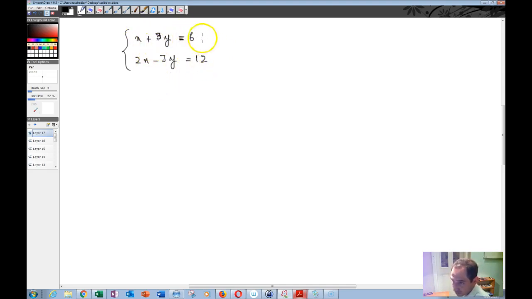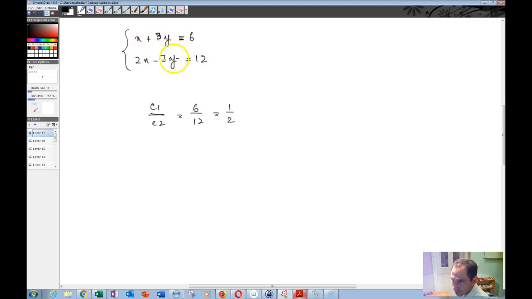That means that the ratio is going to be the same whether they are both on this side of the equation or on the other side. Meaning that right now the ratio of C1 to C2 would be equal to 6 to 12, which is equal to 1 to 2.